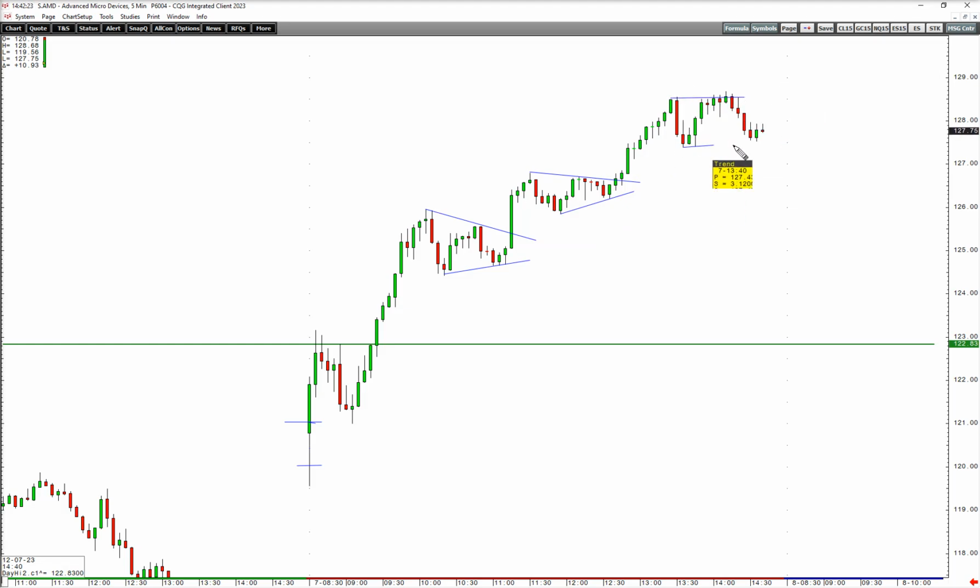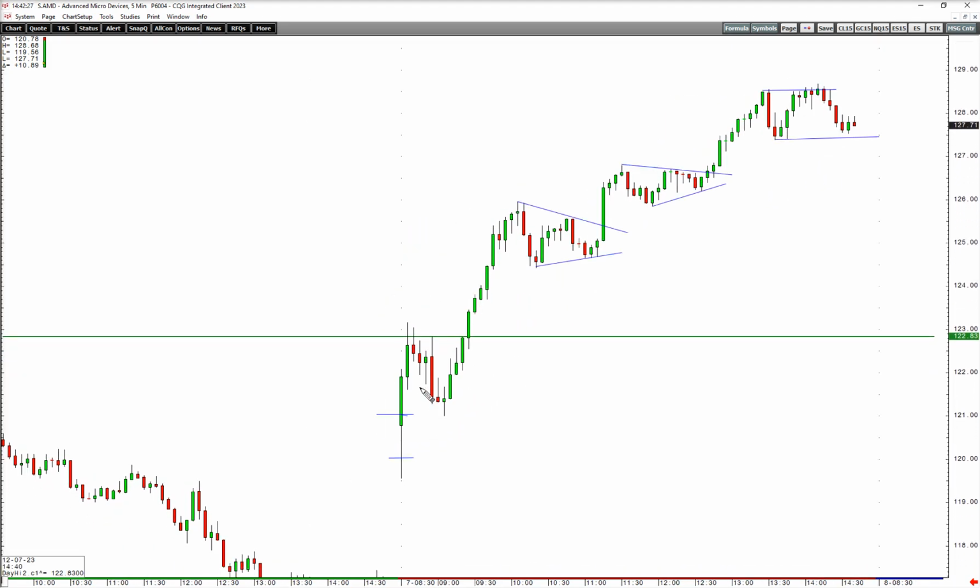Not exactly sure what's going to happen now, but the power of these weekly options is, when I bought the 121 call, it was around $1.10, and by the time we got up to this little peak, it had already doubled.